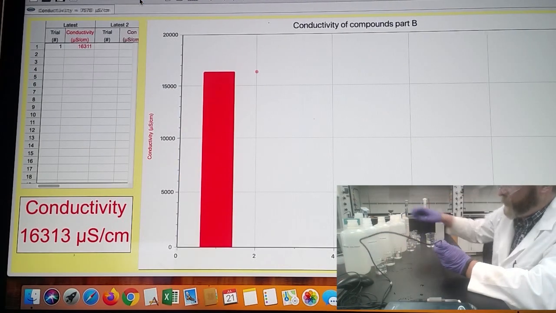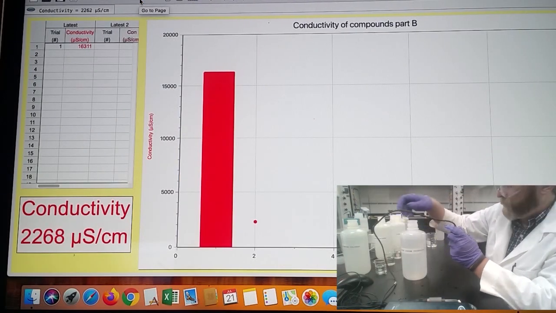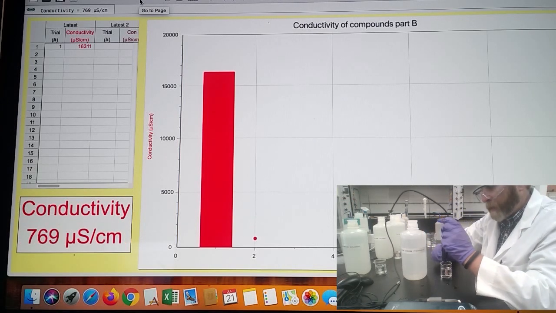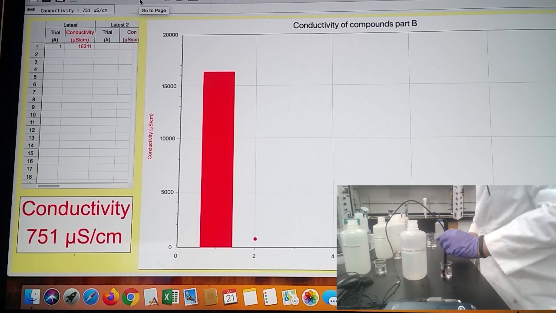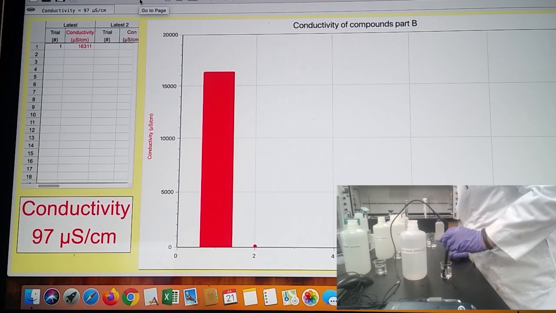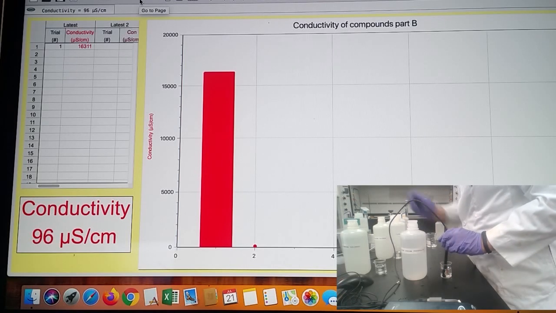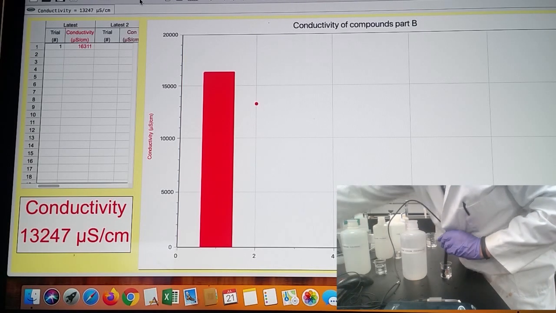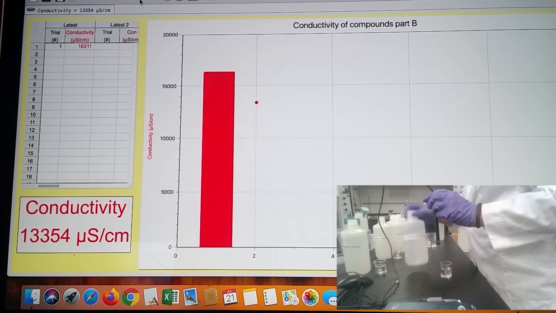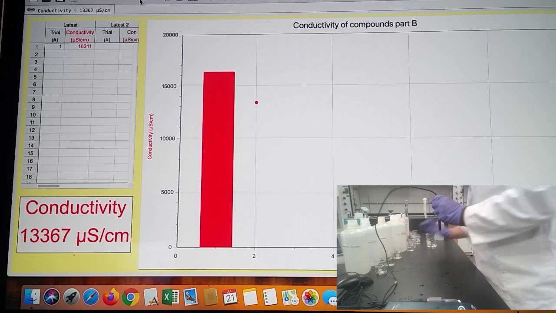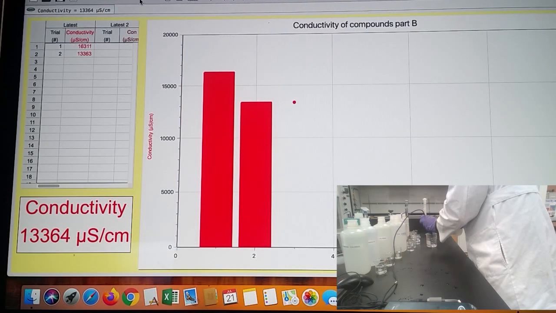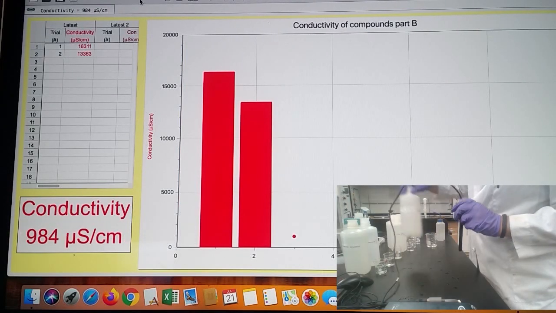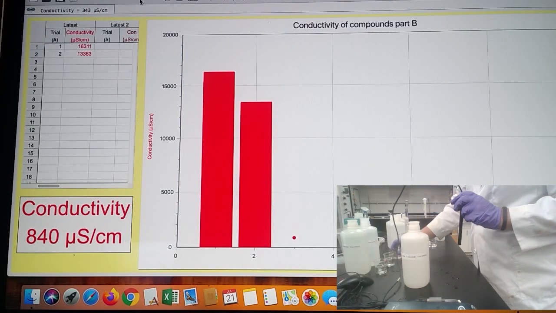All right, our next substance is sodium phosphate. Set it in our beaker. Our third substance is calcium chloride.